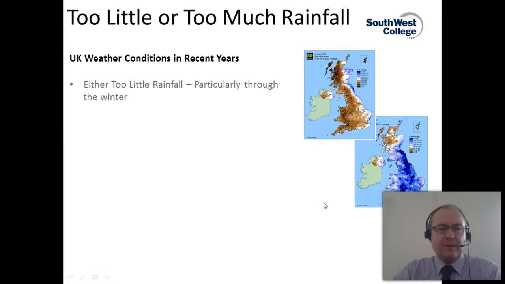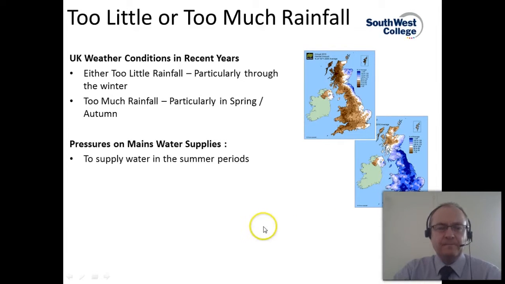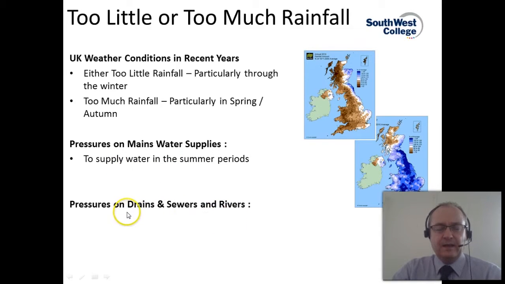The UK weather conditions in recent years have been either too little rainfall, particularly through the winter months, or too much rainfall, particularly in the spring and autumn, leading to flooding. This variability in our rainfall puts pressure on our mains water supplies to supply the water we require in the summer period, and then when the heavy rainfalls come, it also puts pressure on the drains and sewers and rivers to deal with the excess rainwater runoff in the wetter periods.